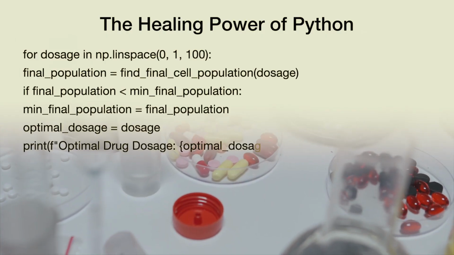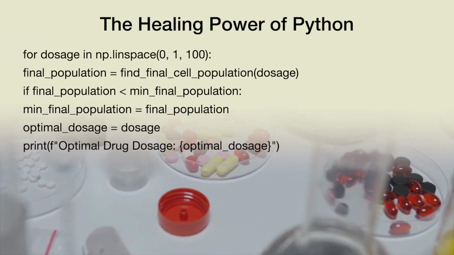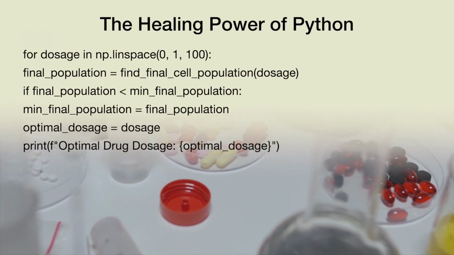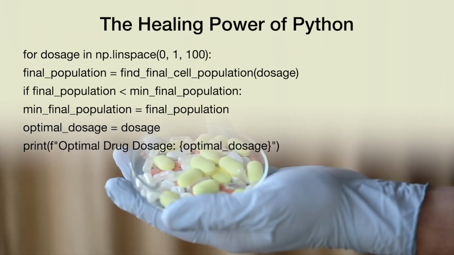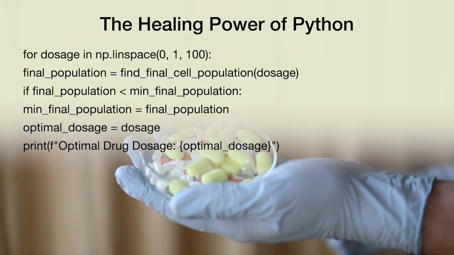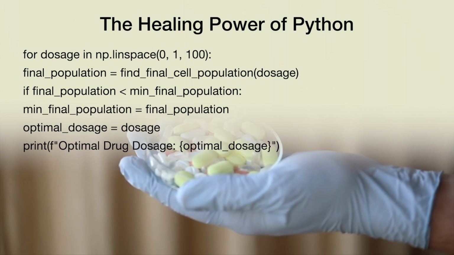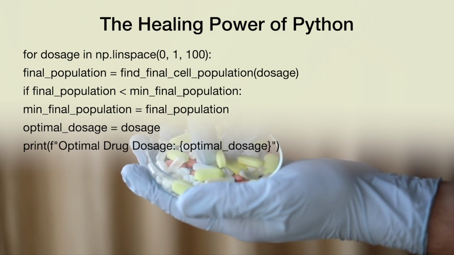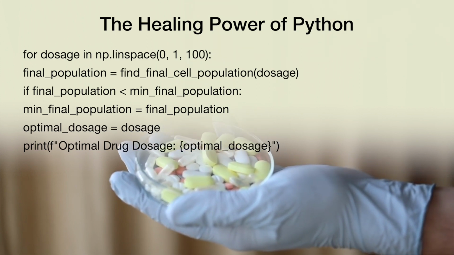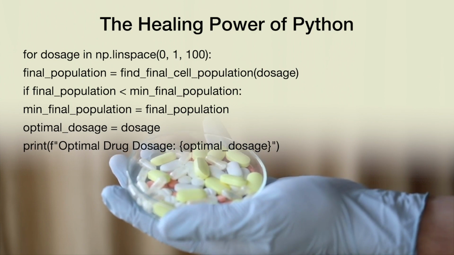Now we'll try different drug doses: for doses in NumPy or np.linspace. The word for, let me explain again, don't get confused. This for is a loop. It's like repetitively doing certain things.